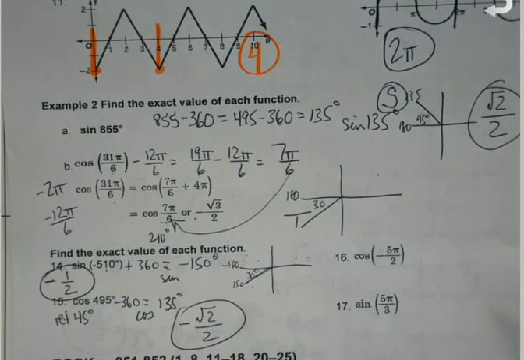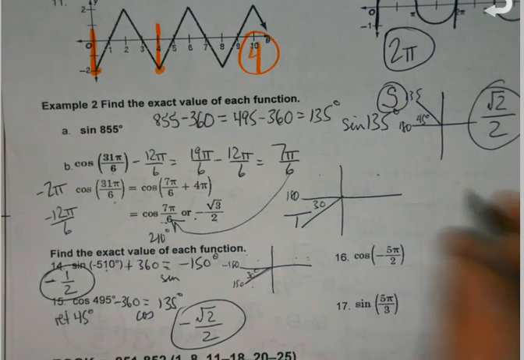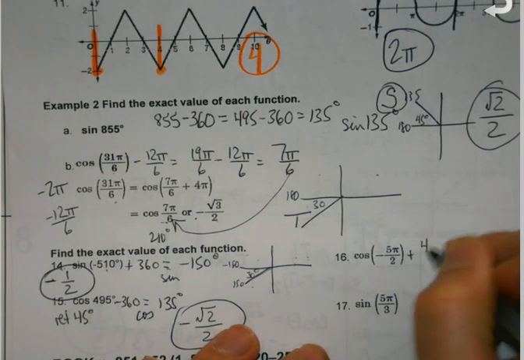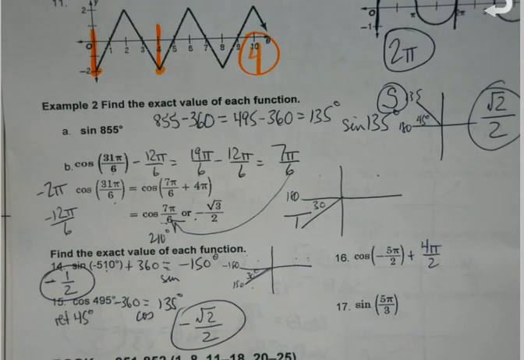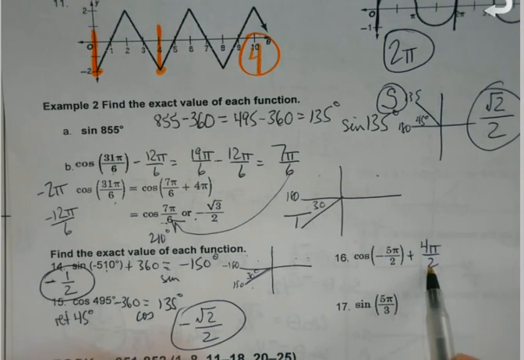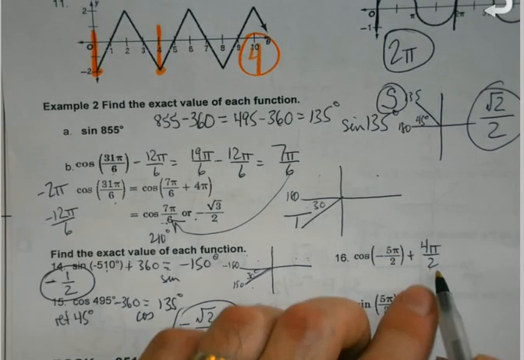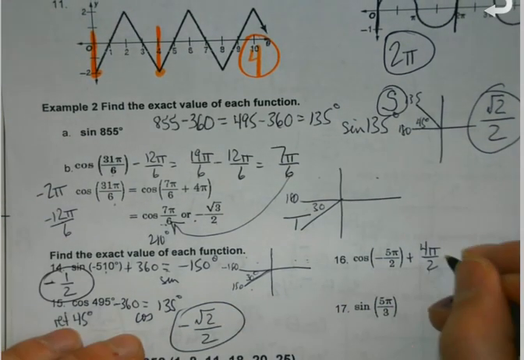Negative 5 pi over 2. Negative 450. Nope, that's too much again. You're like, now wait a minute. Before you did 12 pi over 6, now you're doing 4 pi over 2. Remember, it's 2 pi that I'm adding or subtracting, because that's what 360 degrees is. So I use my common denominator. Before it was 6, now it's 2. 4 divided by 2 would be 2.